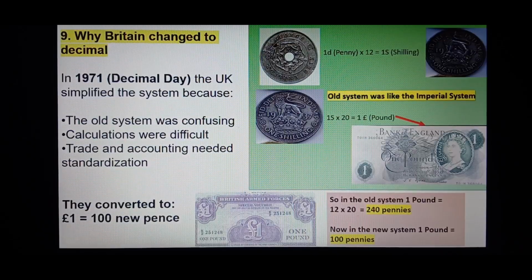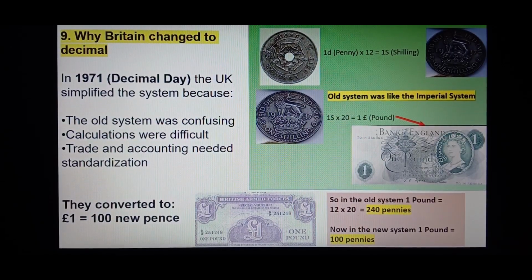Why Britain changed to decimal? In 1971, Decimal Day, the UK simplified the system because the old system was confusing. Calculations were difficult. Trade and accounting needed standardization. They converted the pound to be equal to 100 new pence.